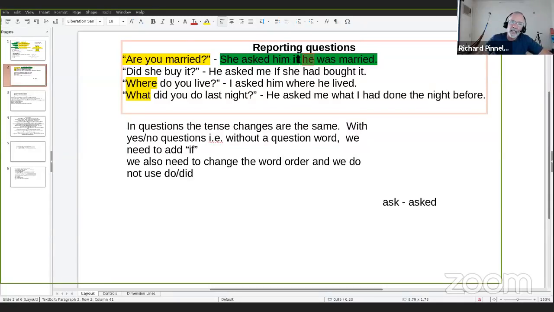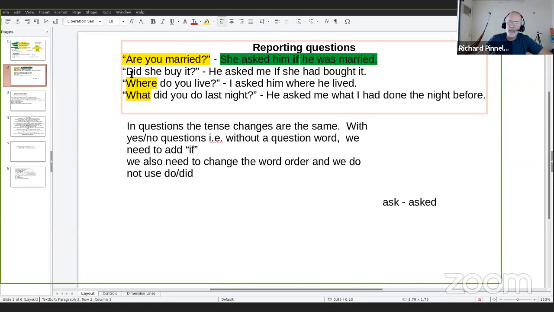One is if it's a yes or no question, we need to add if. And the other one is the word order, because in the question, it's are you married? So it's verb plus subject. But here it's if he was. So it's subject verb. So we're not using the question form in the reported speech.